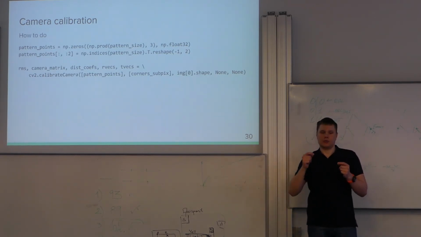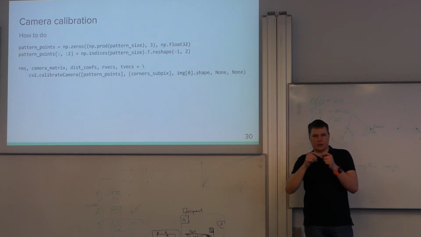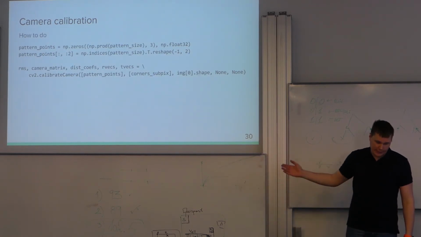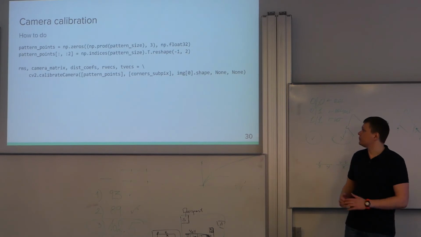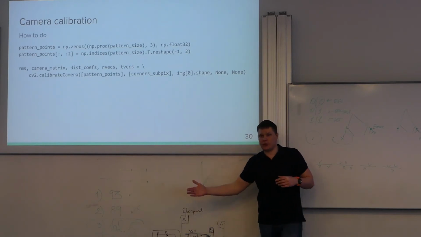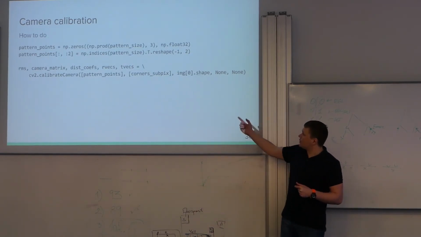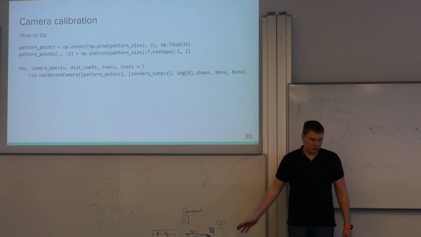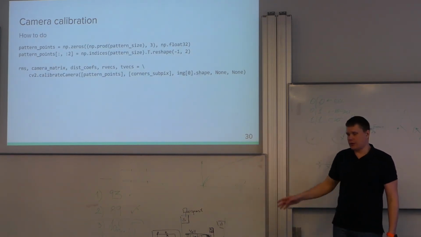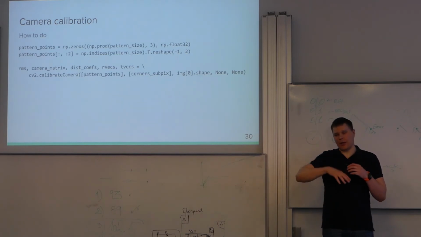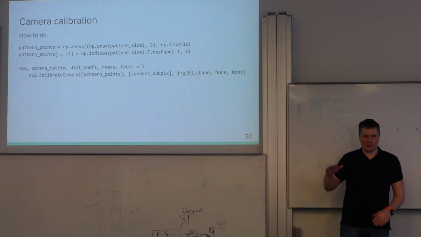For example, the second corner has index one and its point is 1, 0, and the first two rows do exactly this. cv2.calibrateCamera takes these 3D points in the object's local coordinate system, takes the corners we found on the images, also the image shape, and two more parameters which are here because of a not very ideal Python wrapper for C++ code, so that doesn't matter.